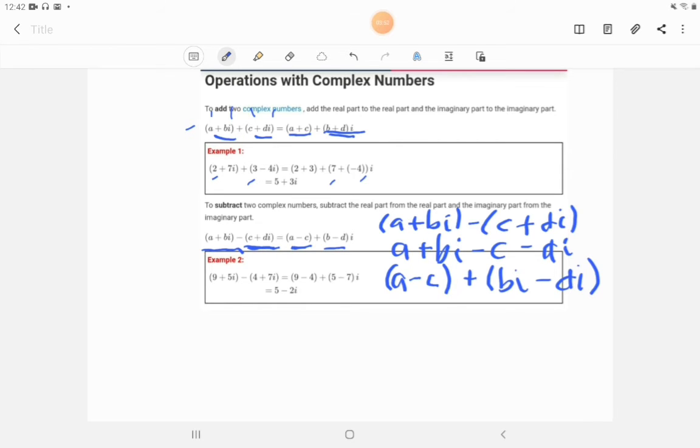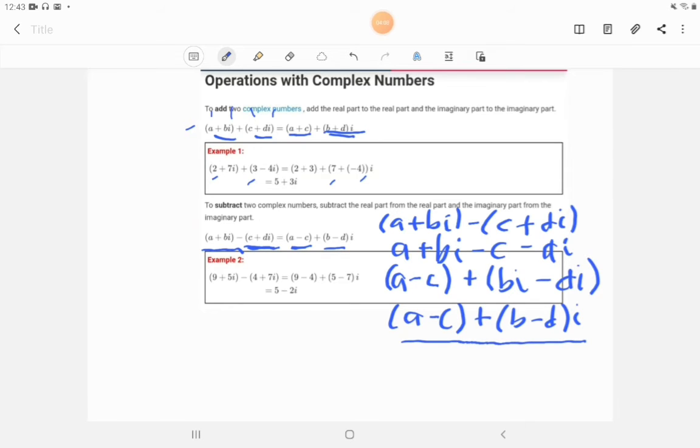Okay, so that is a minus c plus, we can factor out i, so what we have inside is b minus d i. So we have a minus c plus b minus d i.